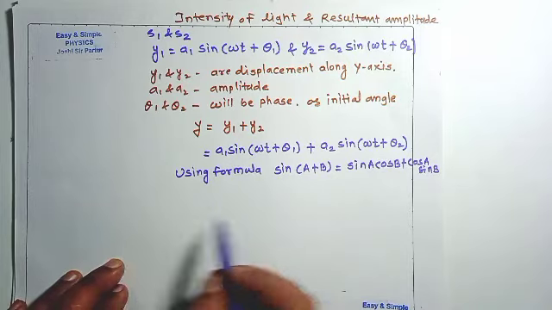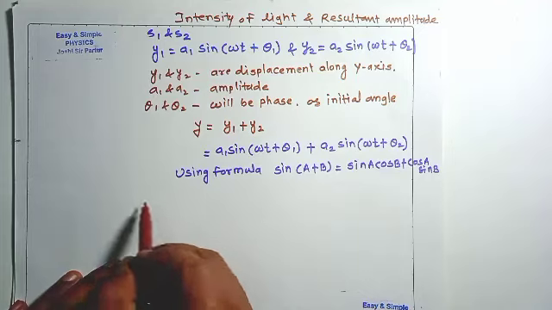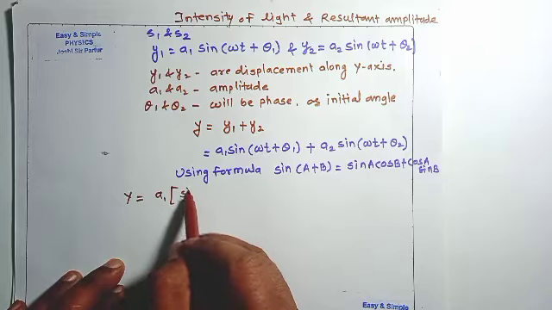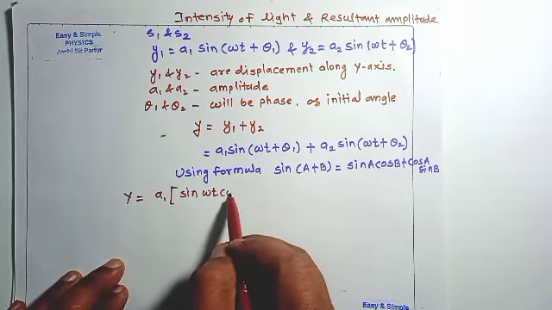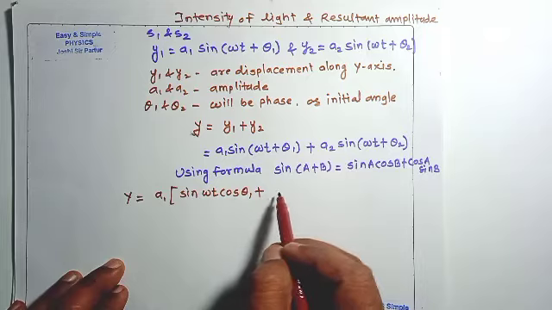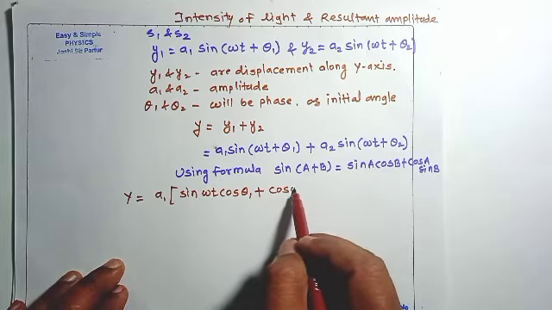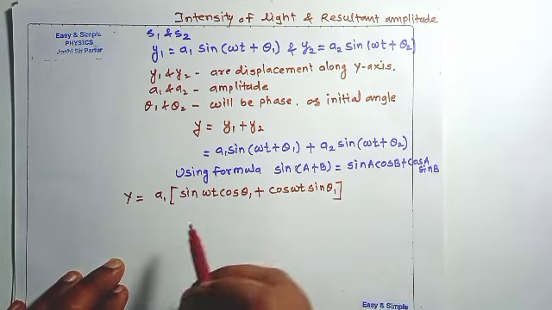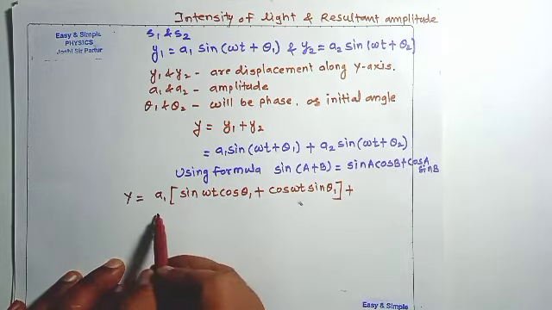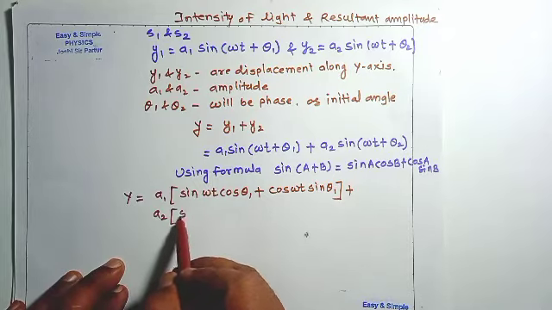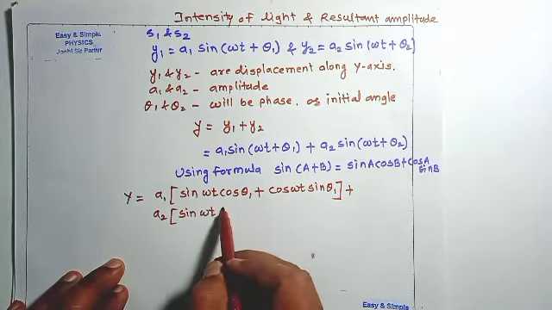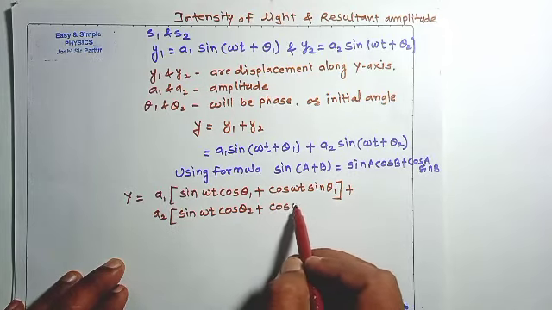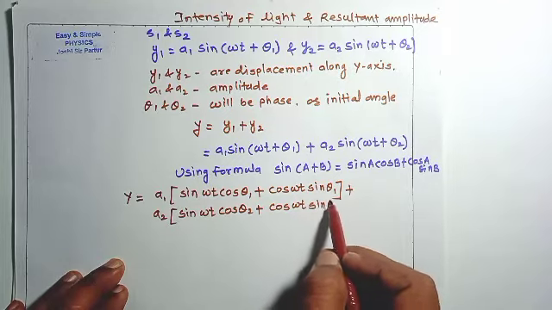Using this formula, the equation becomes resultant displacement y is equal to a1 in bracket sine of omega t cos theta 1 plus cos of omega t sine theta 1, bracket close, plus a2 in bracket sine of omega t cos theta 2 plus cos of omega t sine theta 2.